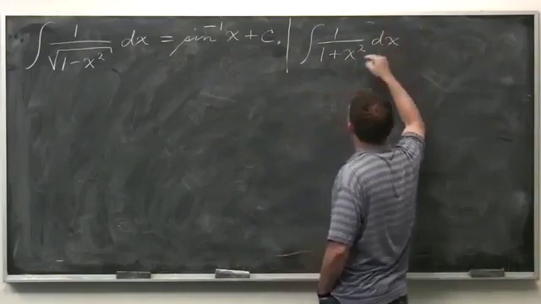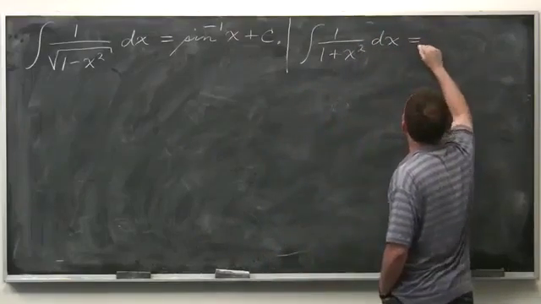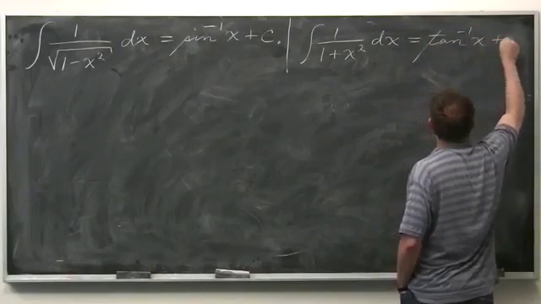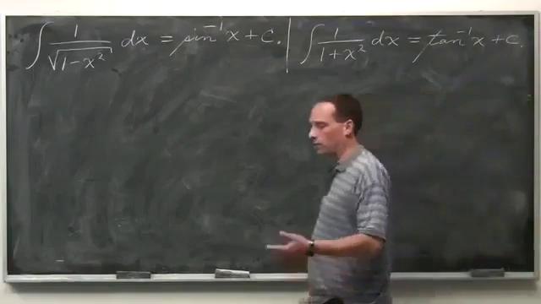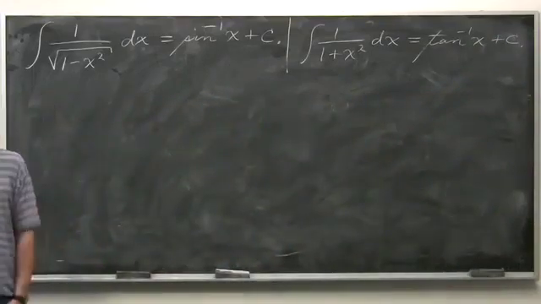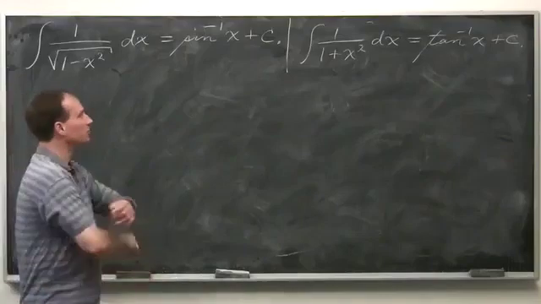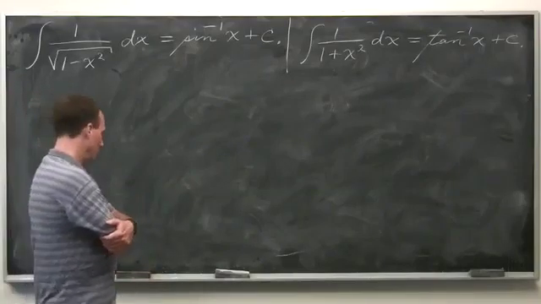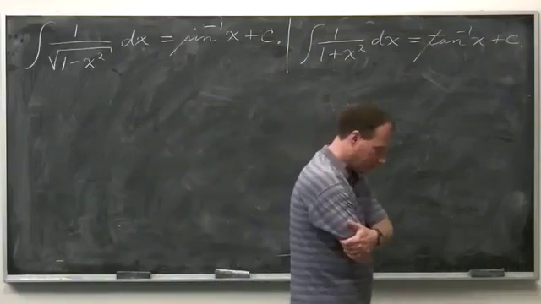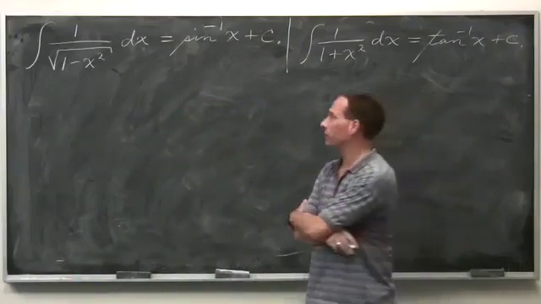We need to think of something whose derivative is 1 over 1 plus x squared. That's the inverse tangent of x plus a constant. And those indefinite integrals come up all the time. So you should just know them. All right. But now I want to look at the chain rule and the product rule in reverse.